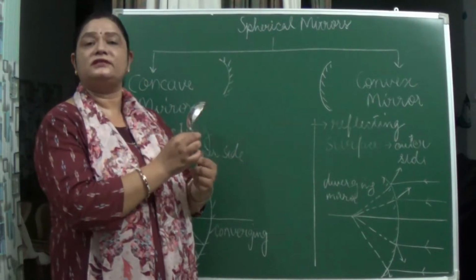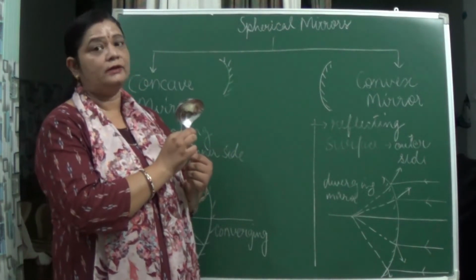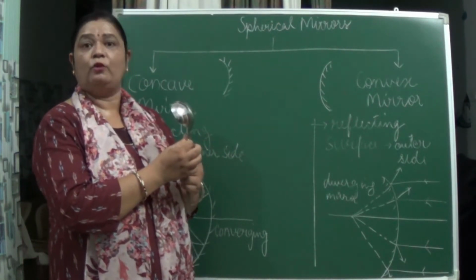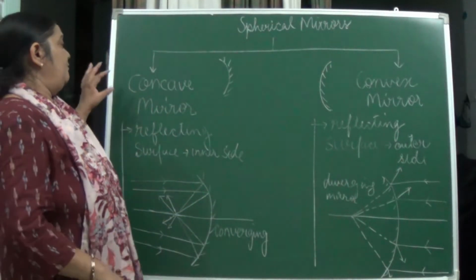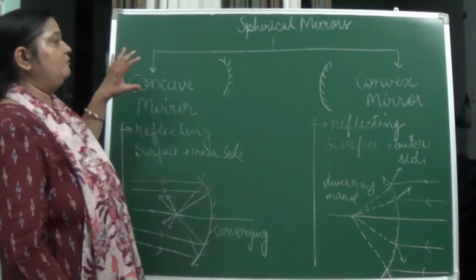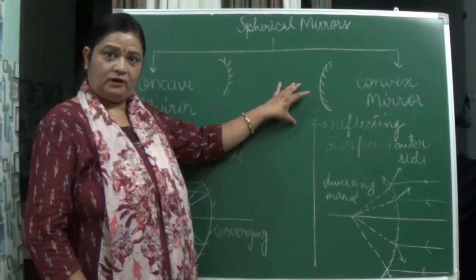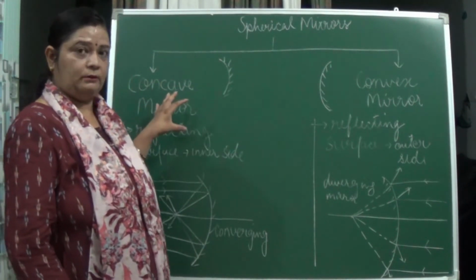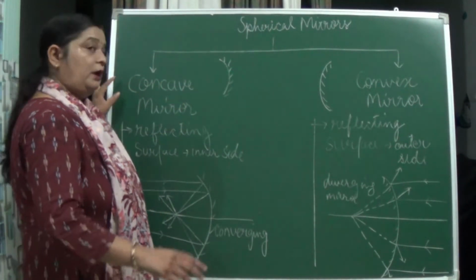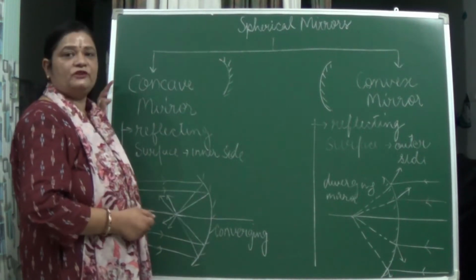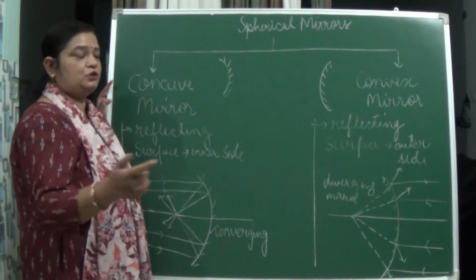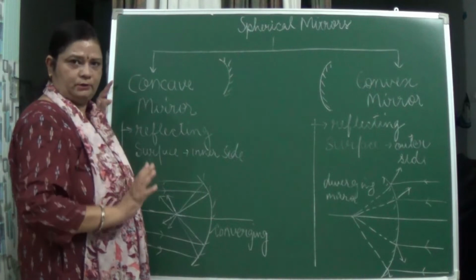Just try this experiment or activity at home, you will understand it more properly. Try to see it with the help of a spoon. If not a spoon, the bigger one I showed to you, it will be totally clear to you.